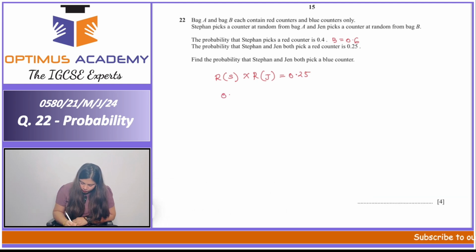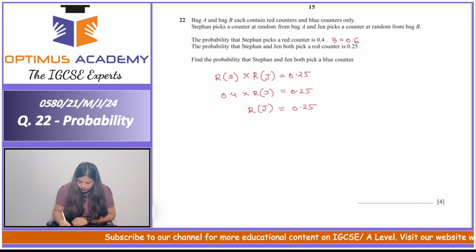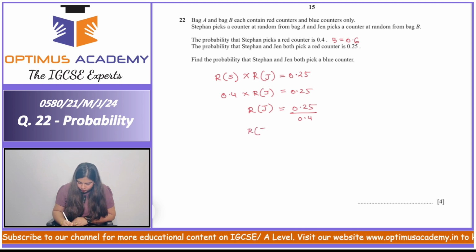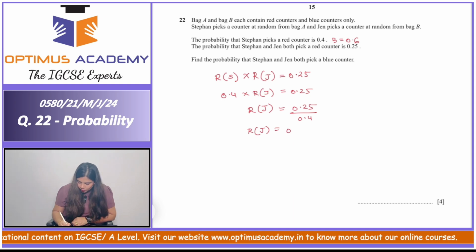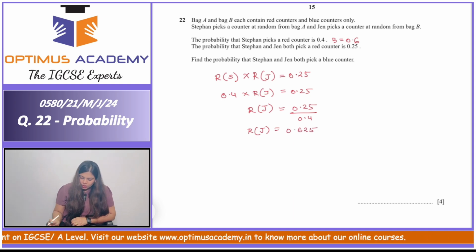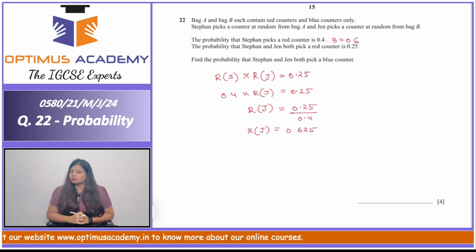That would be 0.4 into red, Zen's value, is equal to 0.25. So we get the probability of red for Zen as 0.25 divided by 0.4, which is 0.625.